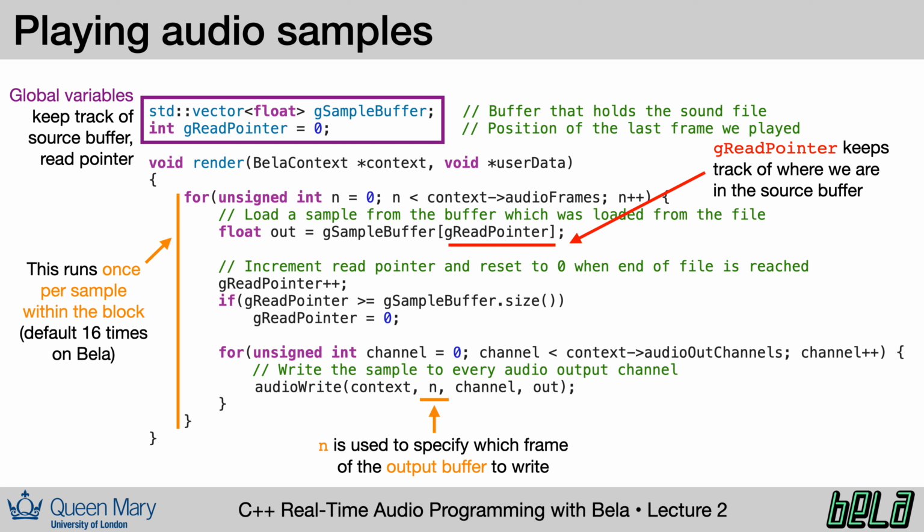This is the playhead that we want to use to figure out where we were in our longer sound file. And this is how we move the playhead between each audio frame. We increment gReadPointer each time, and then we check if it has reached the end of the buffer, and if so, we reset it to 0. Notice that we can get the length of the buffer by using gSampleBuffer.size because this is a C++ vector class. We'll talk more about this later on.